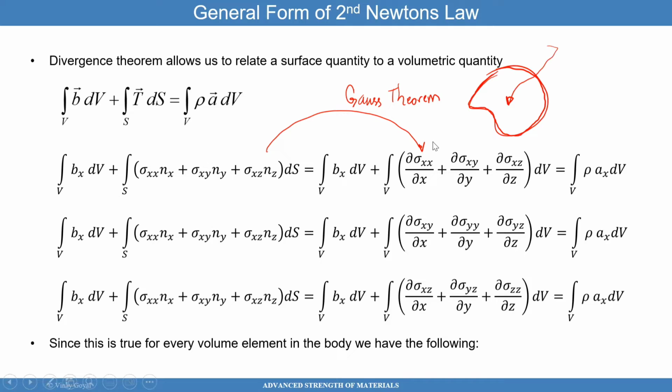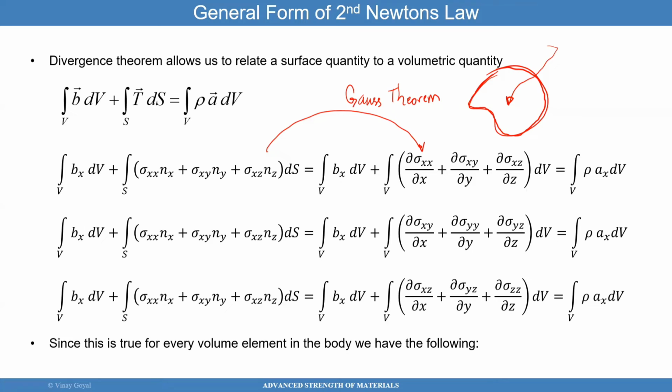So go back to your calculus book, you will see that the normal can be removed, and then what you get is a gradient of that stress as it varies inside the body of material. That is Gauss theorem. How to convert a surface integral to a volume integral. You're able to do that through Gauss theorem. I'll do that for each of these three directions.